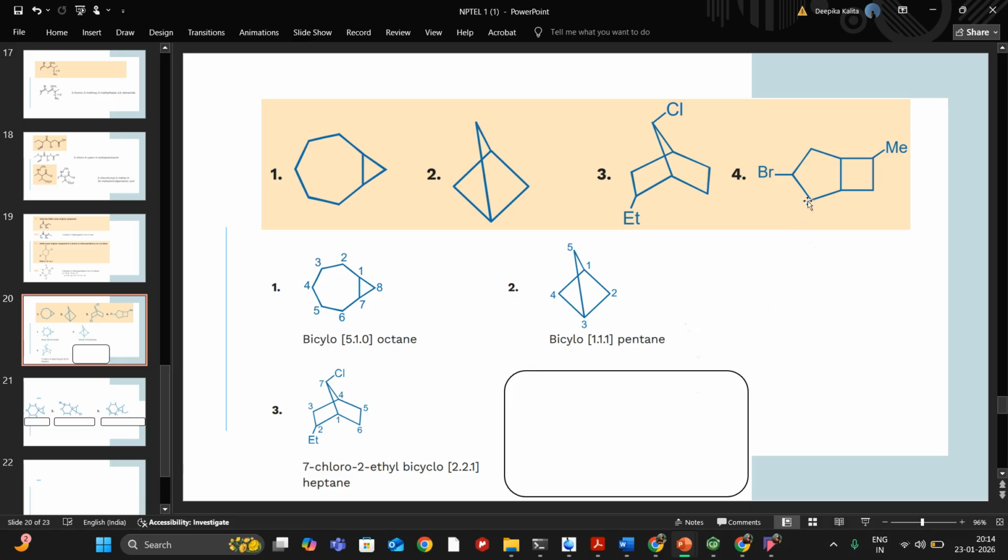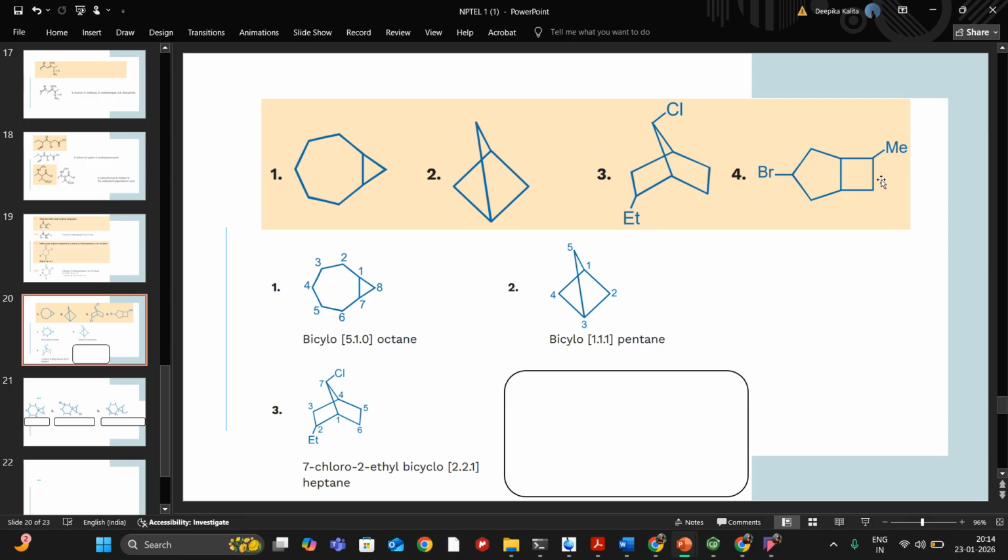And in the last example, again we don't have any carbon atom above the junction, so the bracket numbers will end with a 0 here, and before that we will have to place 3 and 2. We will also have to mention the substituents present, which are bromo and methyl.